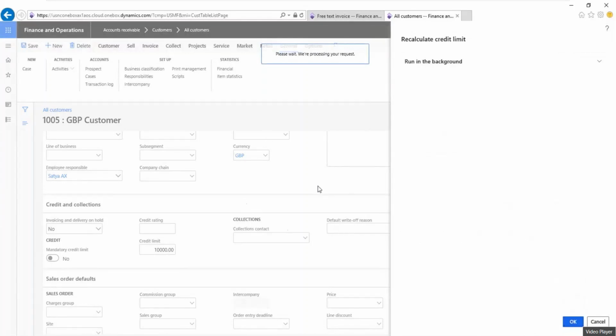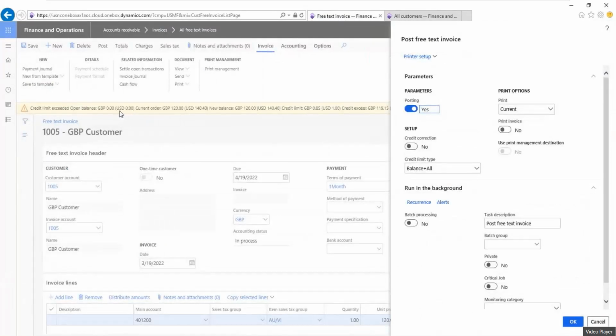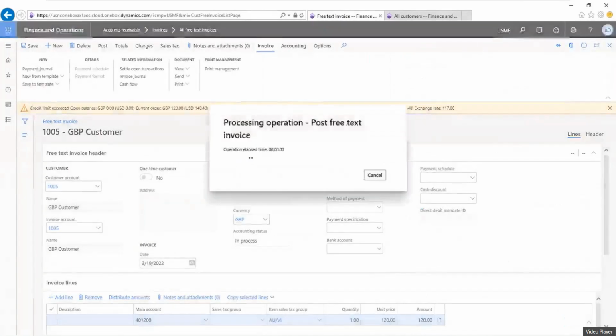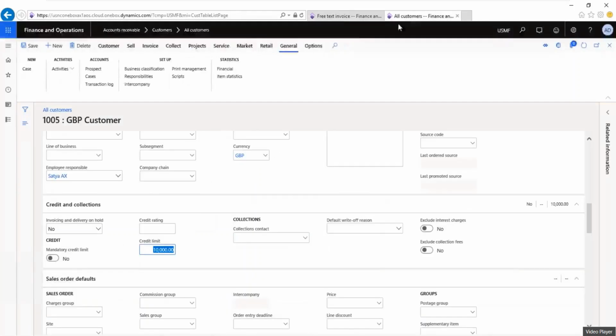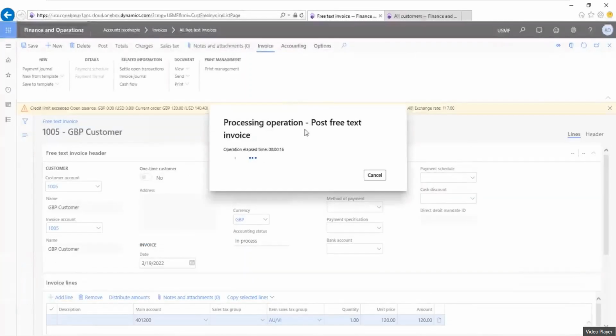Even though it is updating, actually this is a warning message only. It is not an error message. If I click OK, it will allow you to post. No issues. It will be posted, but it is a warning message. So I will discuss the credit limit topic on Friday, so that there will not be any hurdles for you to practice. It will not hurdle you, you can proceed. For time being, please bear with me.